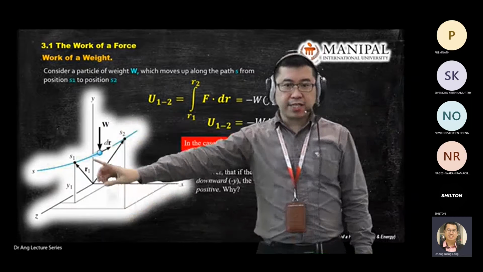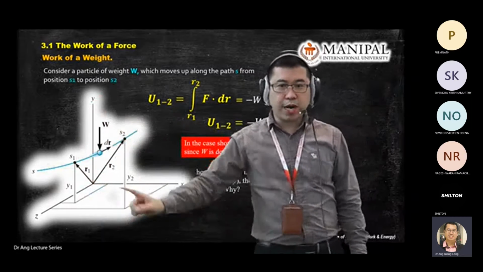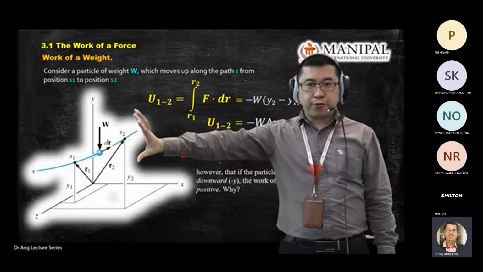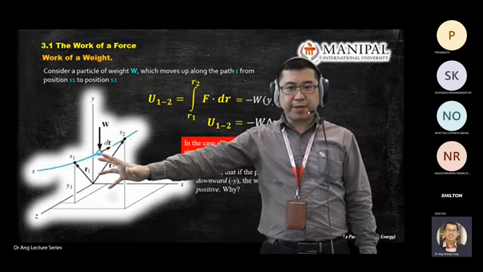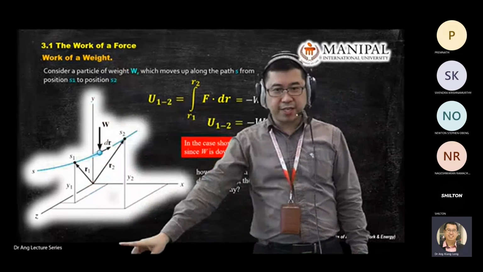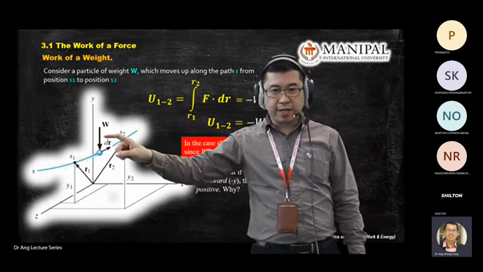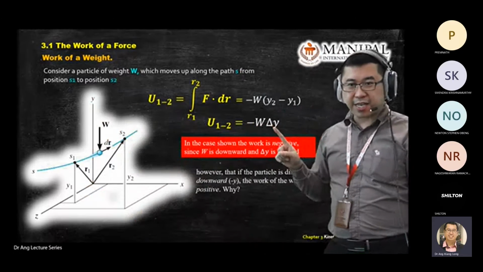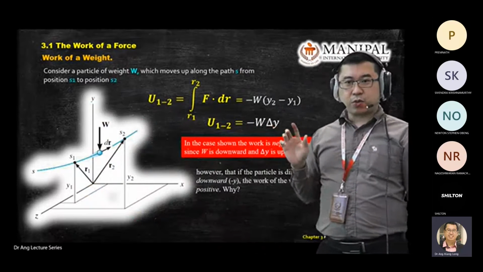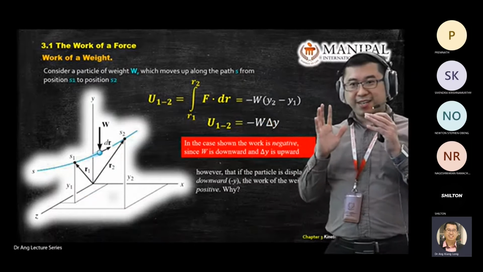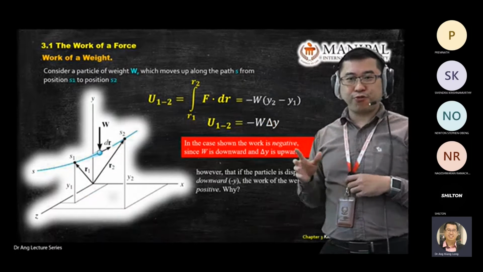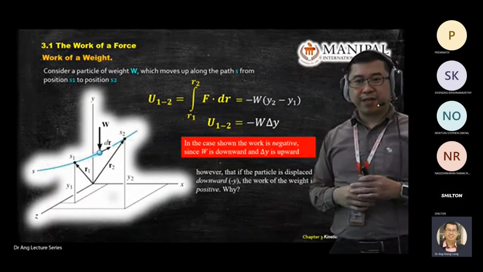Okay, this diagram uses Y, but if the diagram gives you Z as the vertical axis along with the gravity, then this is delta Z. So you have to be clear about the equation here. Why this one?